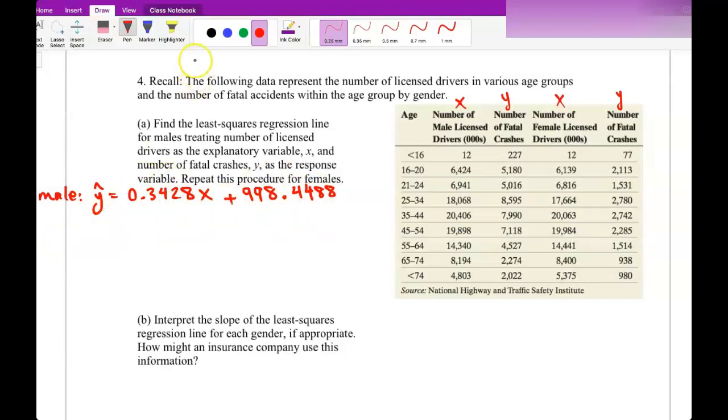And for females, it is 0.1045 times x plus 514.1520.